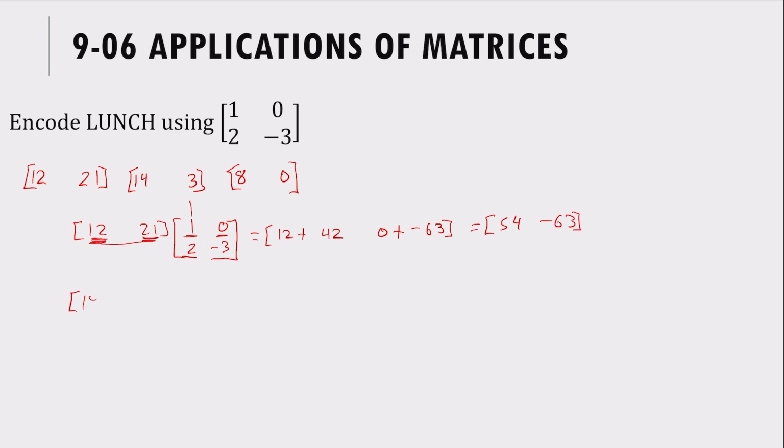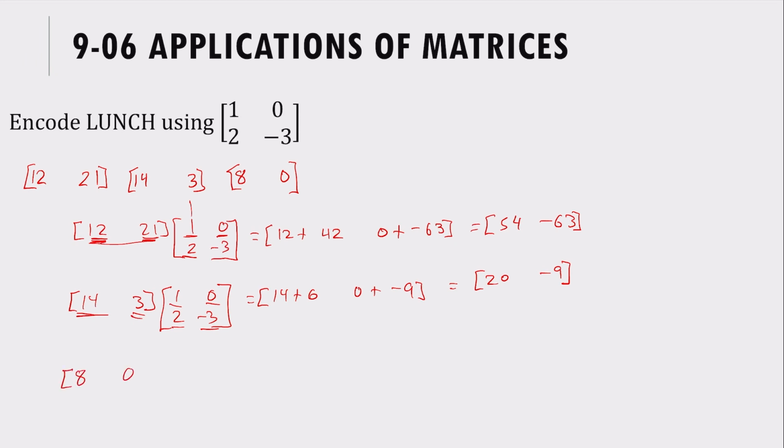Let's do the next pair, 14, 3. So 14 times 1 plus 3 times 2, 14 times 0 plus 3 times negative 3, which gives 20 and negative 9.